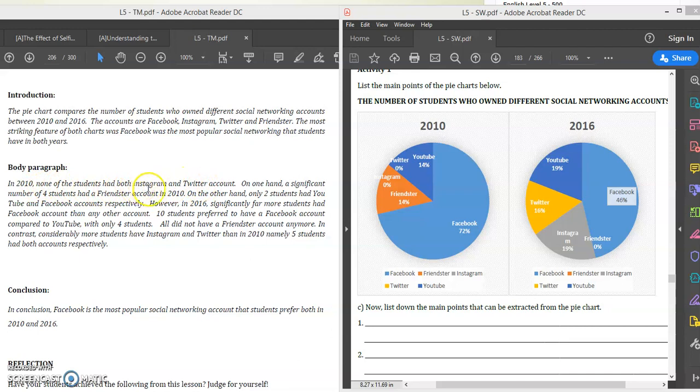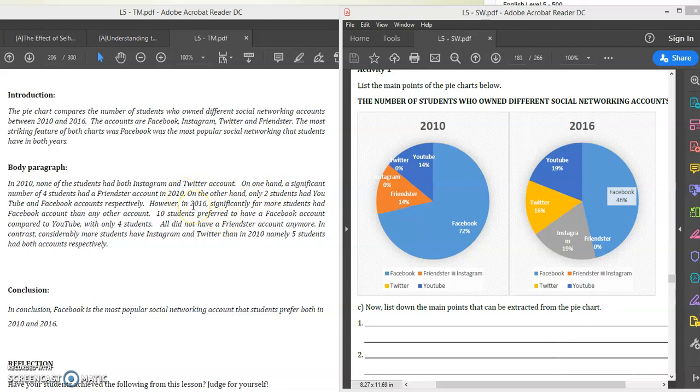So now we have similarities between Instagram and Twitter. And then in the following sentence, you have on one hand, a significant number of 4 students had Friendster in 2010. On the other hand, only students had YouTube and Facebook account respectively. So now you are comparing Friendster and YouTube and Facebook.